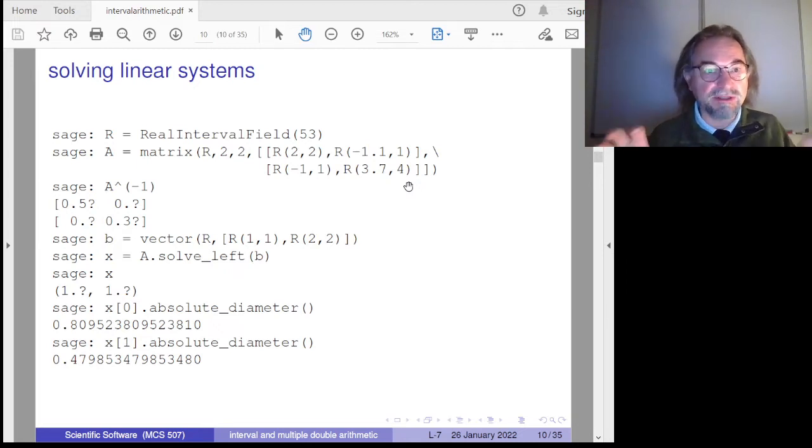With interval arithmetic, I can determine bounds on the solutions of the linear systems. So this is very well wrapped into Sage. The reason for going to Sage is that you have your linear algebra extended also to interval arithmetic, to various arithmetics.